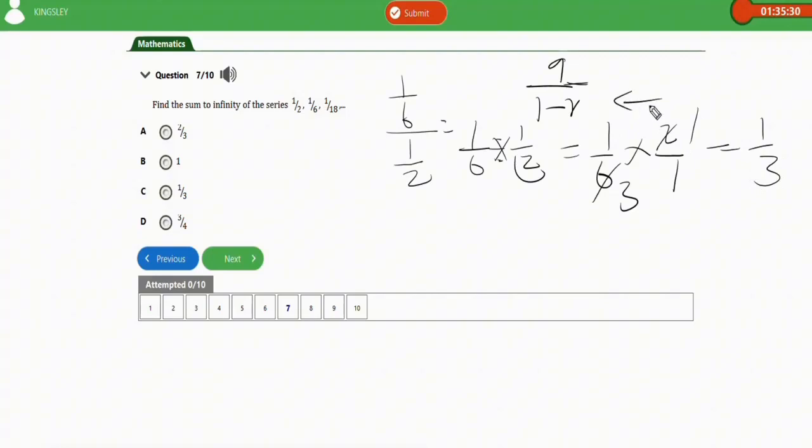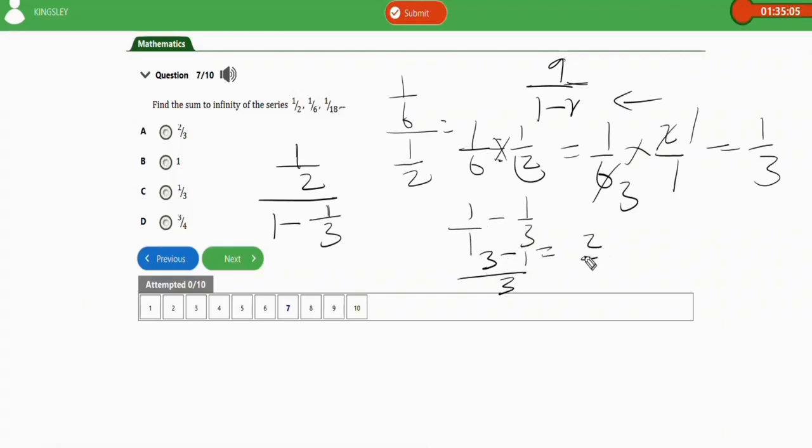Let's plug it here now. This will give us, remember our a is 1 over 2, divided by 1 minus 1 over 3. So let's simplify this. When you do 1 minus 1 over 3, LCM is 3, 3 times 1 is 3, 3 into 3 is 1, 1 times 1 is 1, we have 2 over 3.